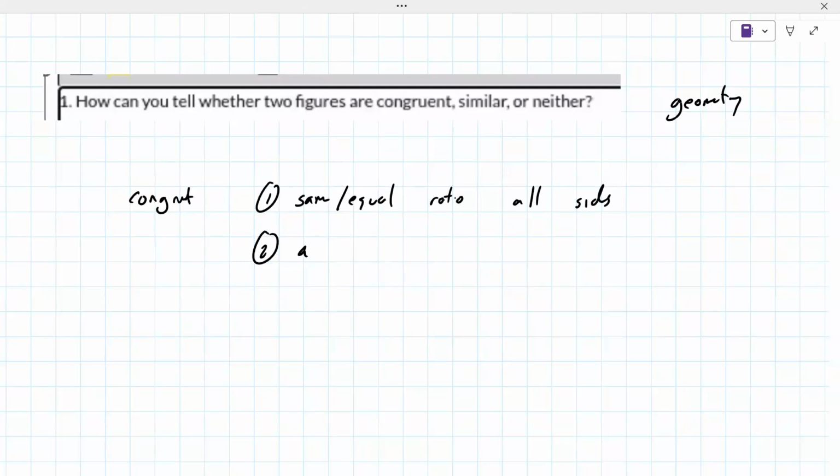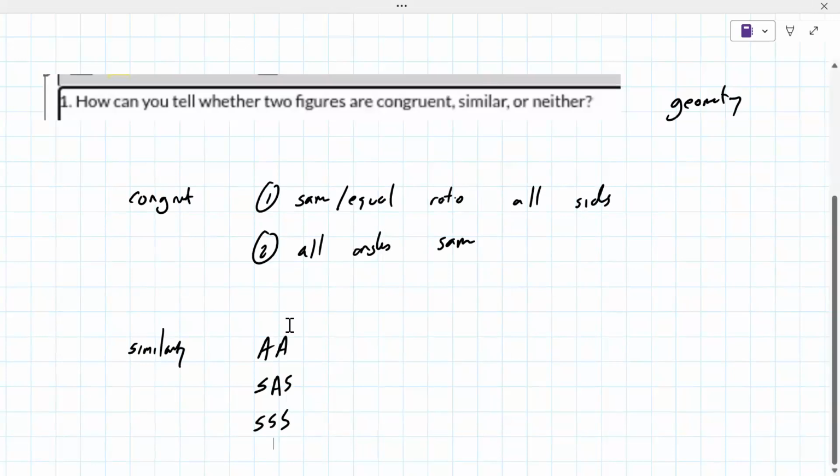And the second thing is that all the angles are the same. Does that at all sound like something you guys are doing in the class? The angles I kind of know. Okay, but that's not specifically similarity. For similarity, there's either angle-angle, side-angle-side, or side-side-side. Have you seen those? I've seen AA.